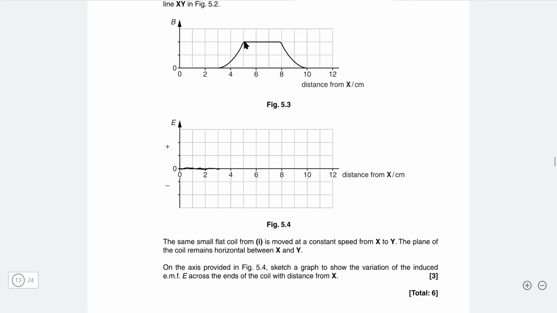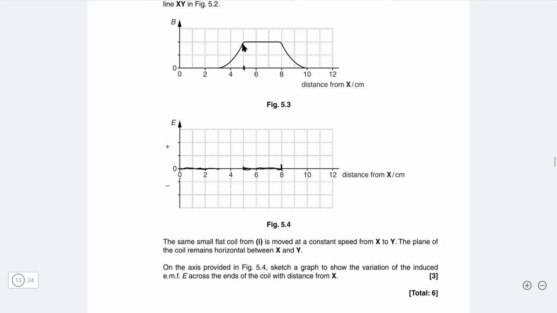Now, if the magnetic flux density is constant, so between 5, let's be quite careful, and 8, between those two lines it will also be equal to 0. So it will be along here. Now I'm expecting the EMF to essentially jump between here and then here.